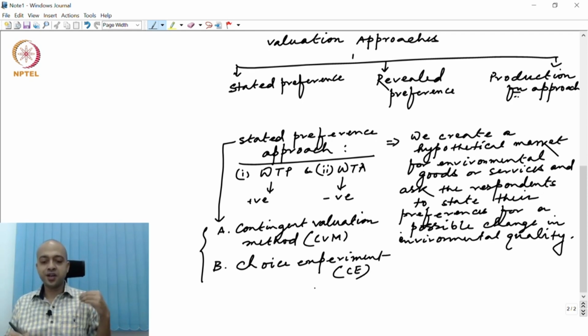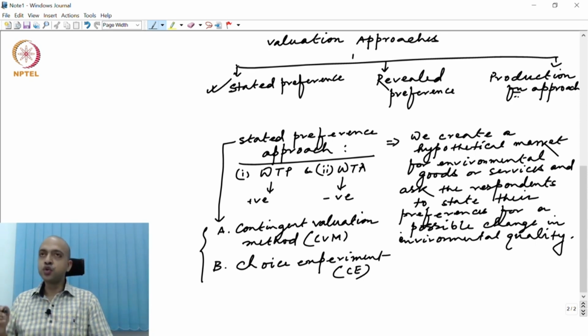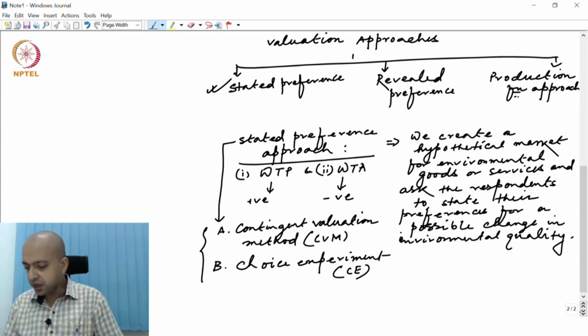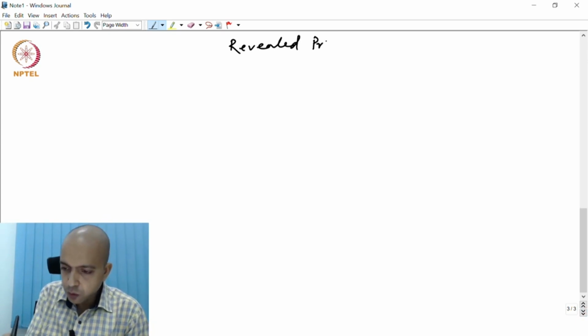So we'll discuss in detail about different steps of contingent valuation method, then how to estimate willingness to pay or accept through this contingent valuation method, what are the limitations of contingent valuation method, and then we'll talk about choice experiment. So this is the first category, which is called stated preference approach. Consumers or respondents are asked to state their preference. Then second category is revealed preference approach.